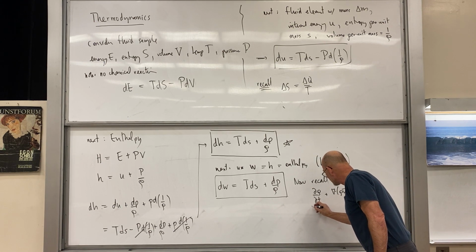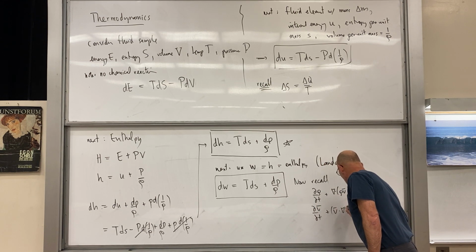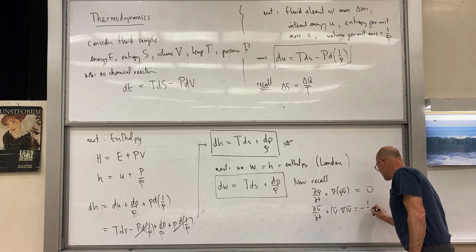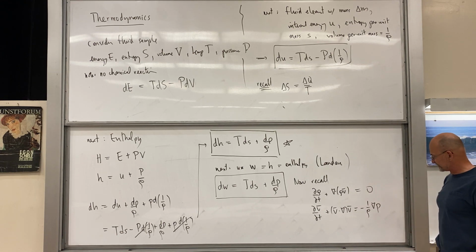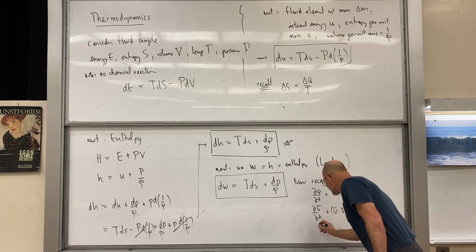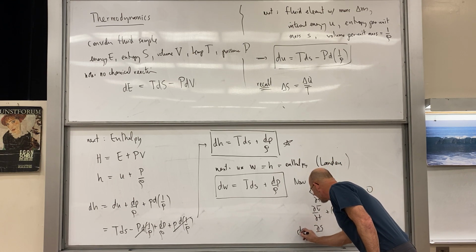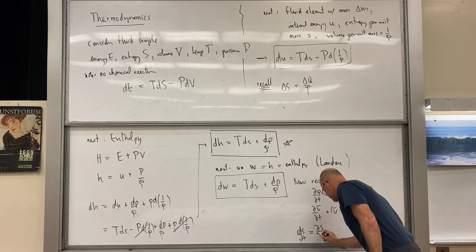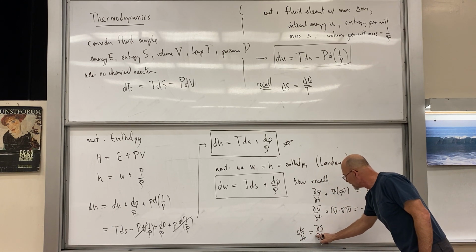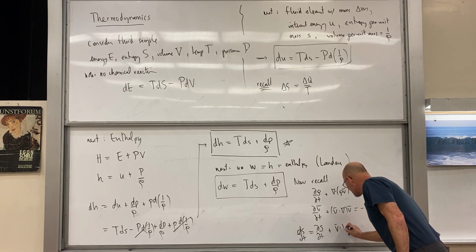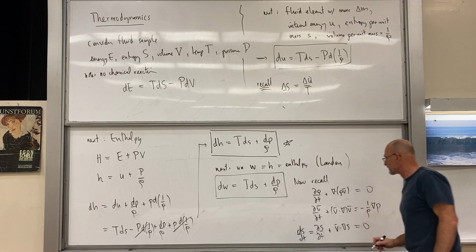And we had the Euler equation, dv dt plus v dot grad v equals minus 1 over rho grad p. We'll leave the g out for now. And then we had the entropy equation, ds dt plus v dot grad s equals 0.